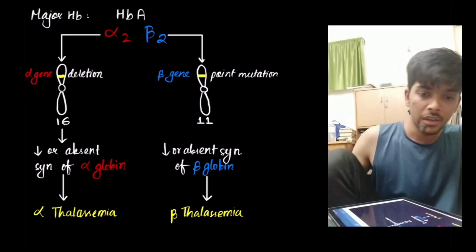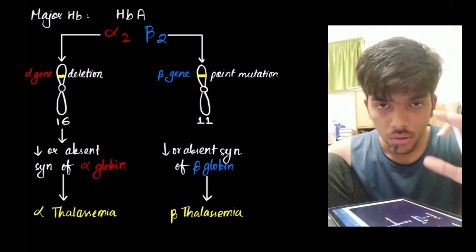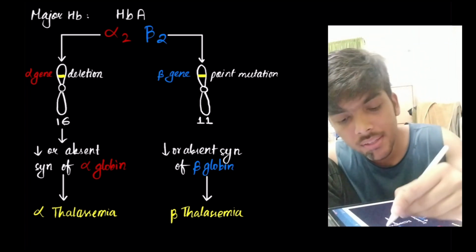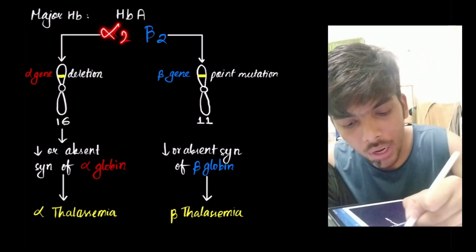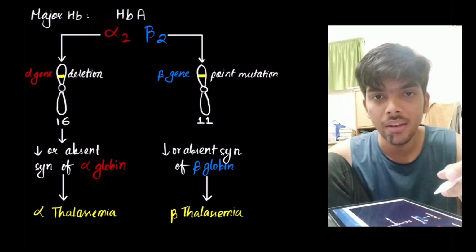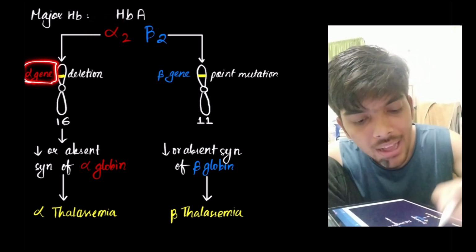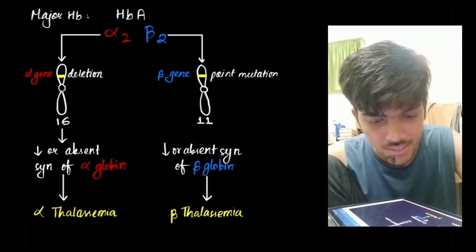Okay, now let's get into the genetic pathogenesis. The majority hemoglobin found in the adult human body is hemoglobin A, which contains 2 alpha chains and 2 beta chains. Alpha chain is a protein that is synthesized by a gene called the alpha gene, and this alpha gene is present in chromosome number 16.